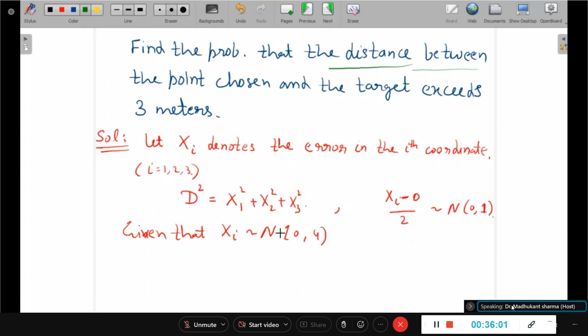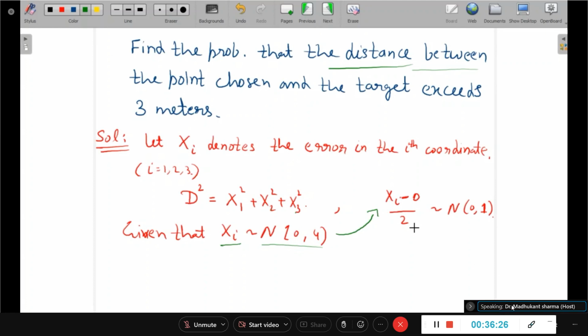Now it is given that Xi follows the normal distribution with 0 mean and variance 4. So we can convert each coordinate error into a standard normal variate by taking (Xi minus 0) divided by sigma, which is the square root of 4, that's 2.